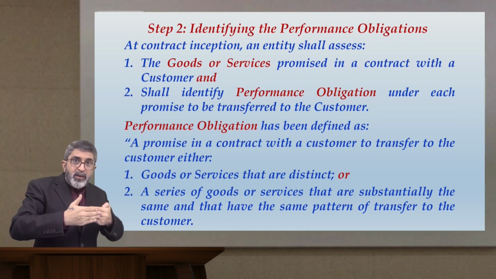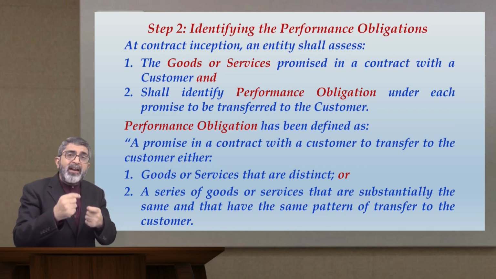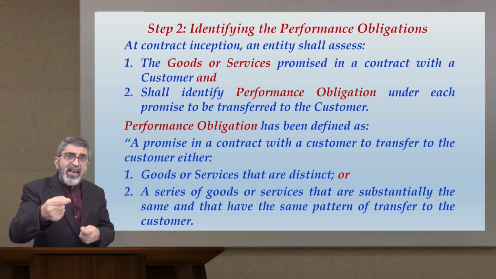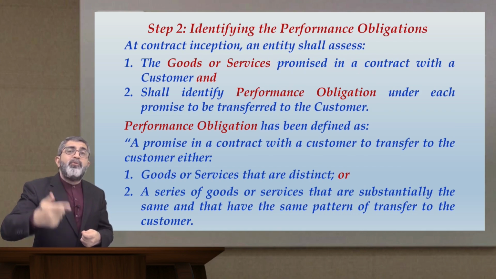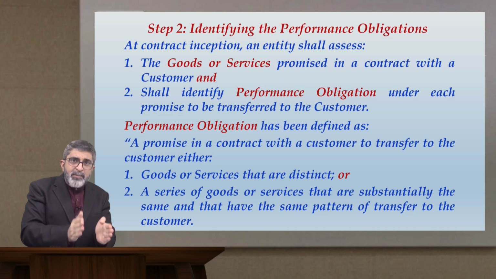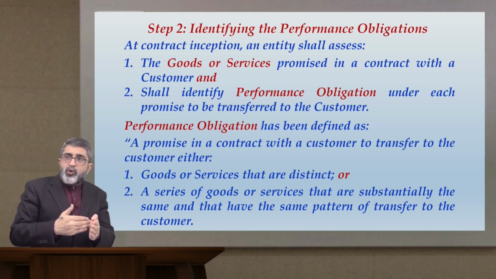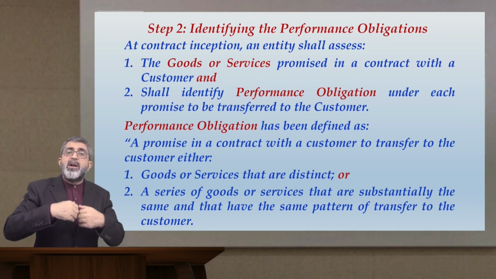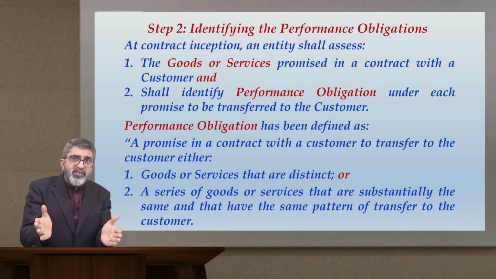So that commitment goes over a period on a uniform basis, and that can be having the same type of performance obligation performed over a longer period. So it could be either the same activity on a recurring basis for a long term, or it could be a one-time contract, or it could be a contract where multiple performance obligations exist, or multiple provisions of goods and services which are distinct.